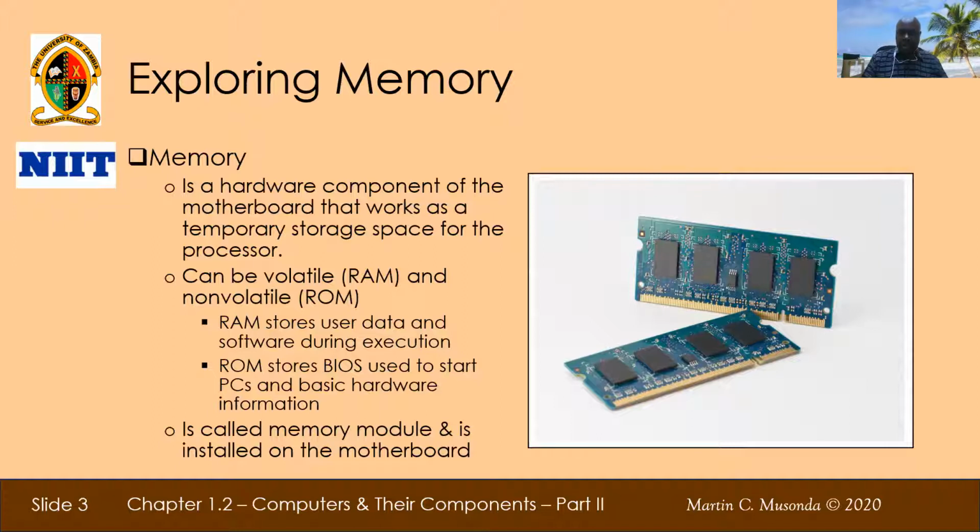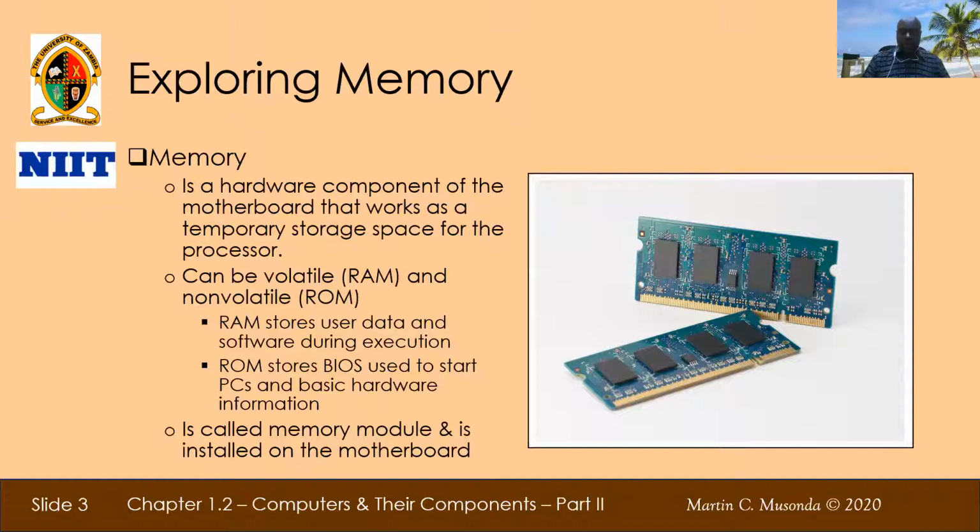There's a battery which continues to power it so that the information stored there about hardware, the basic information such as which hard drive contains the operating system, how many hard drives are connected to your system, what's the date, and so on, okay?